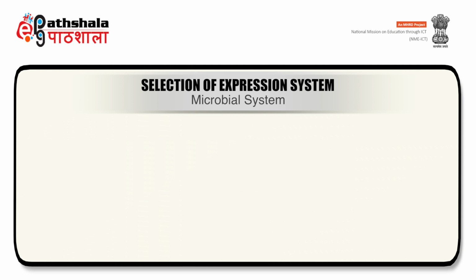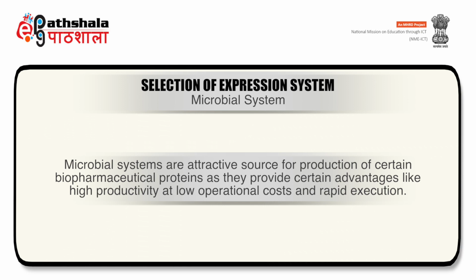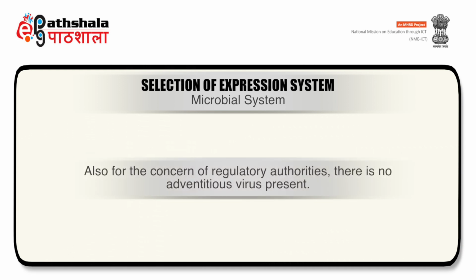Now, we will discuss the first system, that is the microbial system. Microbial systems are an attractive source for production of certain biopharmaceutical proteins as they provide certain advantages like high productivity at low operational costs and rapid execution. Also, for the concern of regulatory authorities, there is no adventitious virus present.